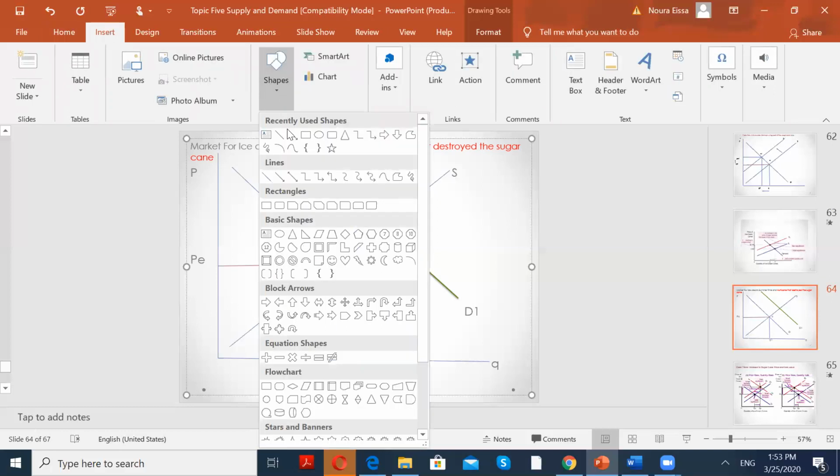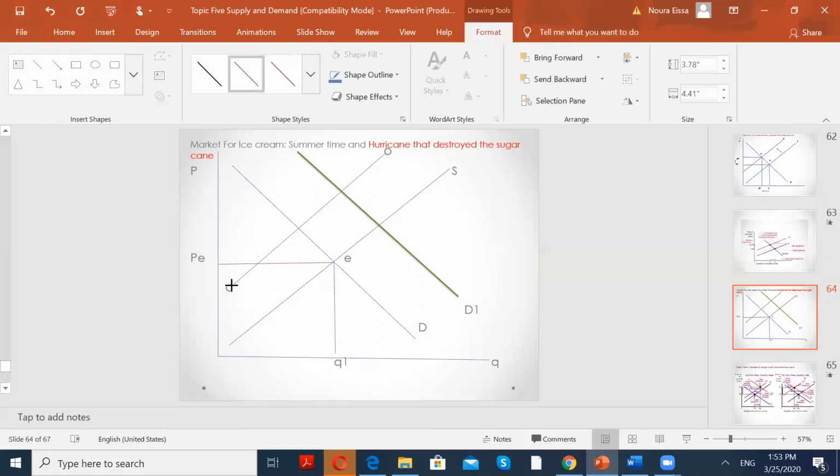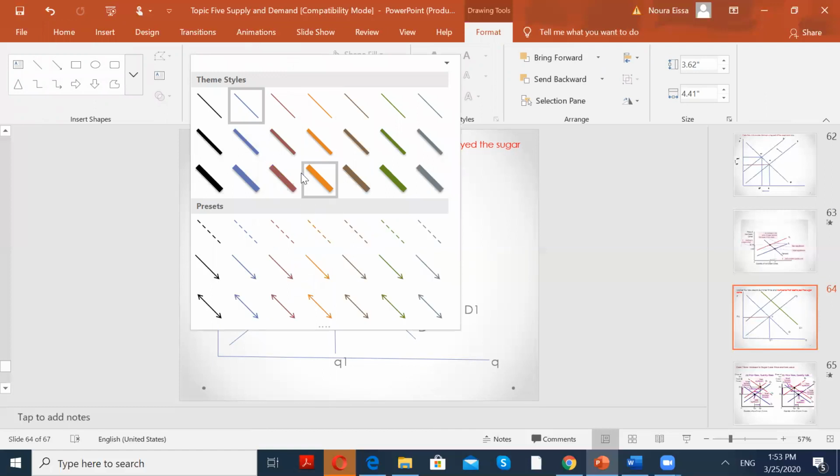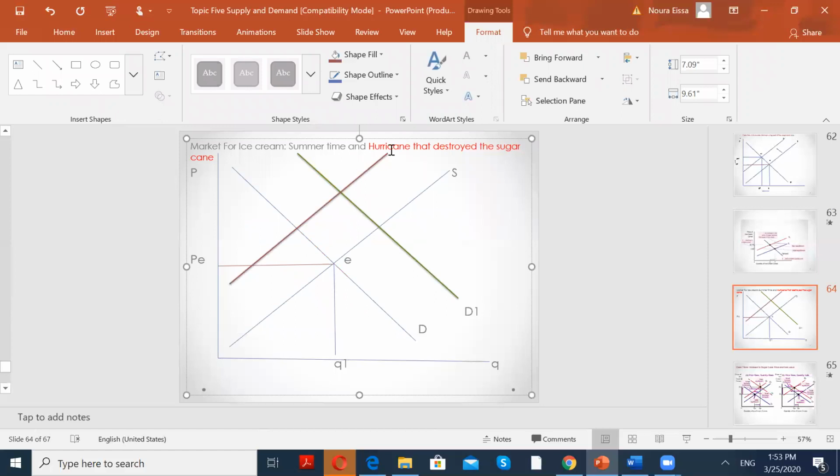يبقى كده عندي هنا in this case 2 shifts. Supply will shift to the left. All right, this is D1, this is S1. This is the new supply. I do not stop right here. أولا, I need to show the arrows: demand shifted where, and supply shifted where.